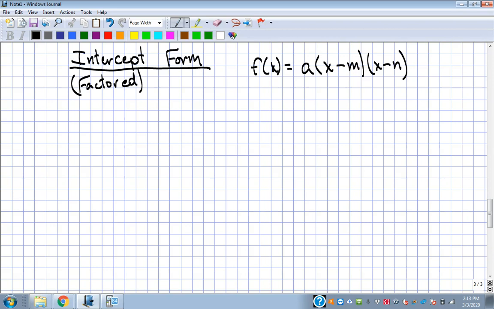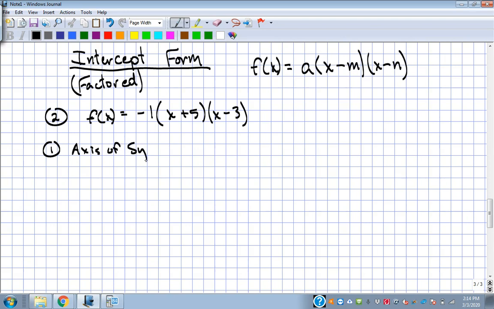So factored form, here's what I would do. Let's do an example. Let's call it f of x equals -1 times (x plus 5)(x minus 3). So we know that we're going to find the axis of symmetry, and I'm going to abbreviate here.